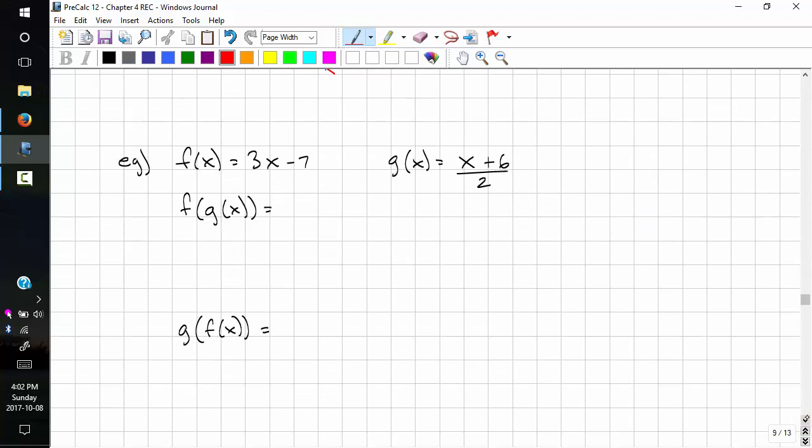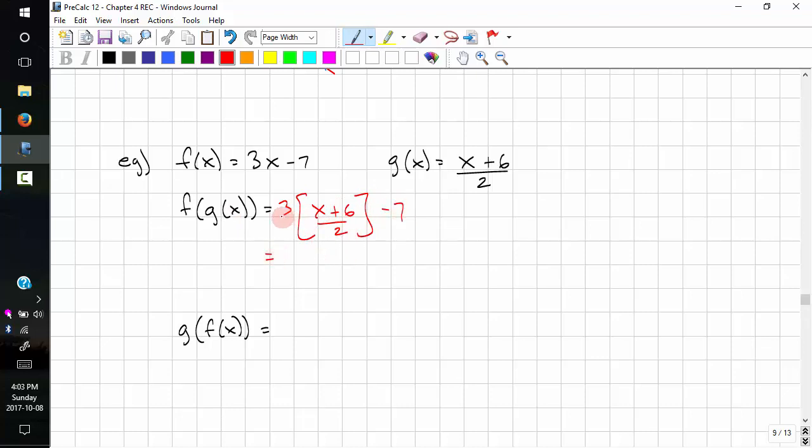Let's look at another example. F of g of x. I'm just going to do brackets here: x plus 6, because we're doing the g of x, minus 7.